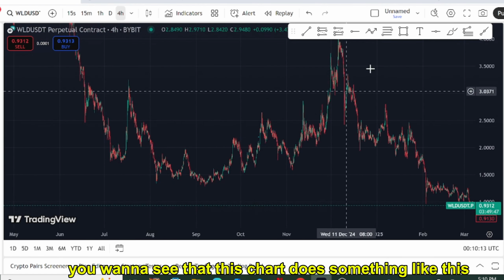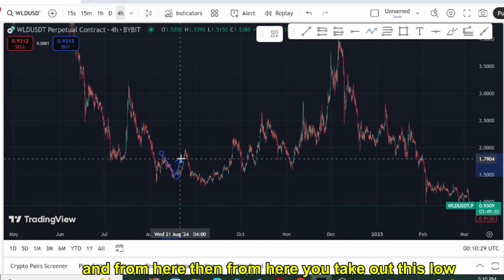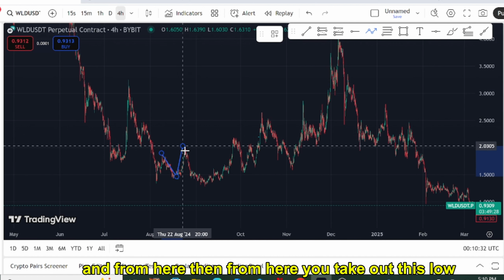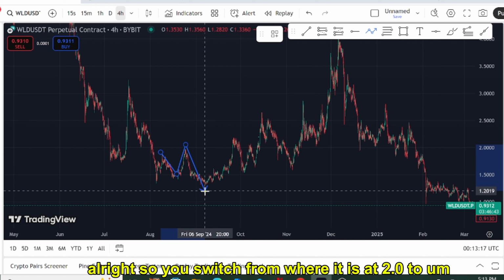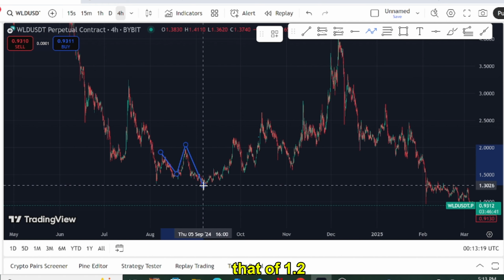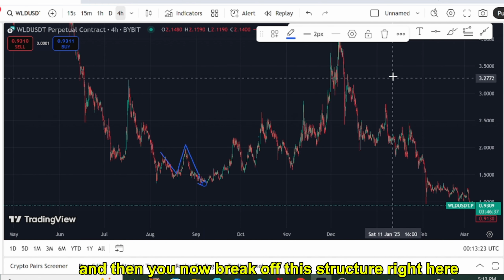Now let's say you look, basically you want to say it went from here, then from here it took out this low. All right, so it swept from where it is at 2.0 to that of 1.2, and then it broke off this structure right here, breaking off the structure to over 2.1, right?